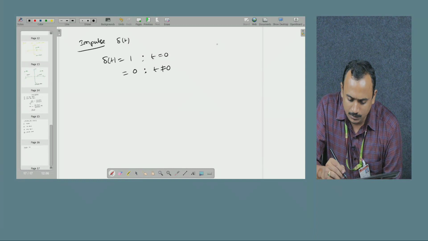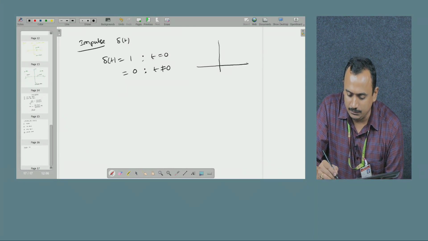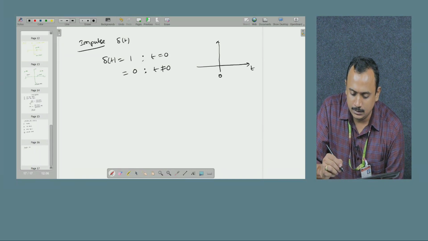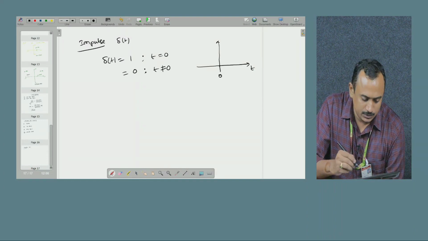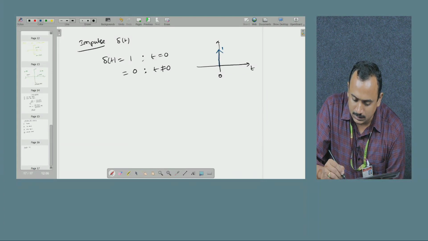And that is how you represent it mathematically, and graphically, as t is changing from 0 to infinity, at t equal to 0 it is 1, that is this signal.